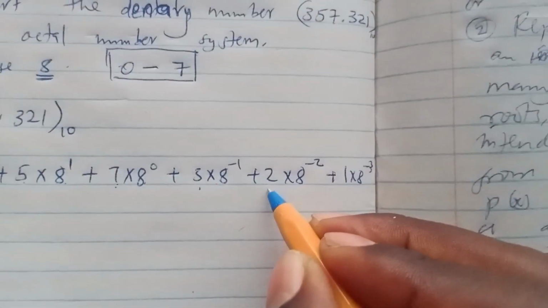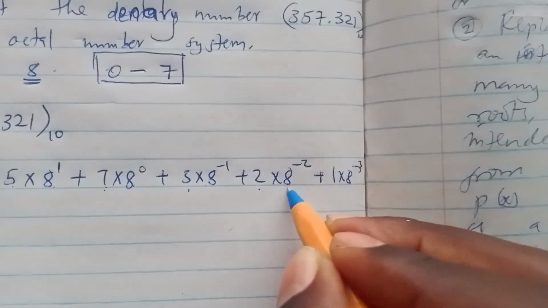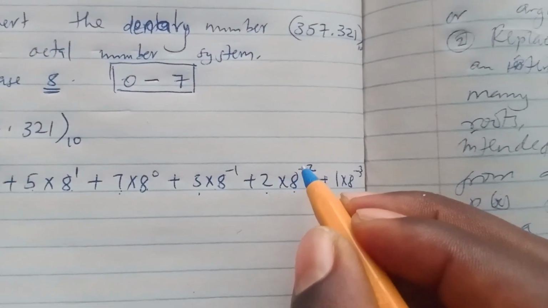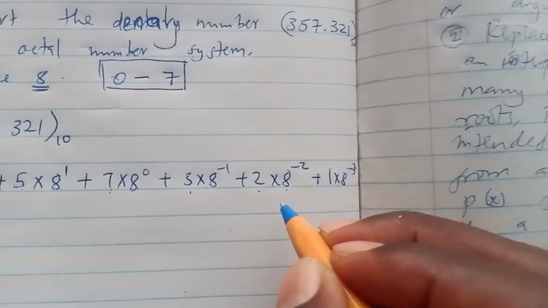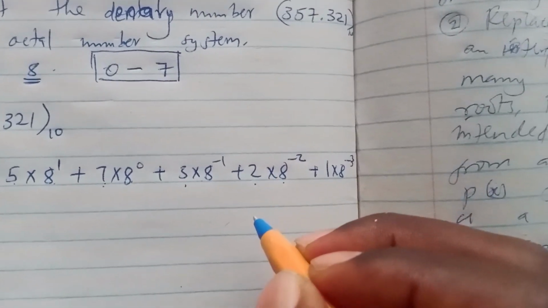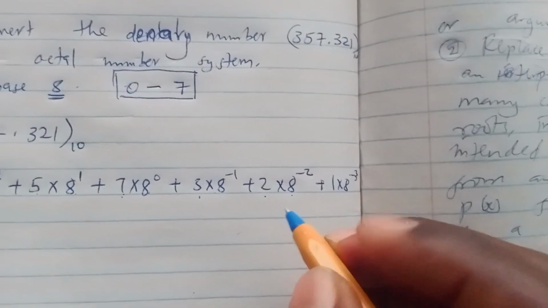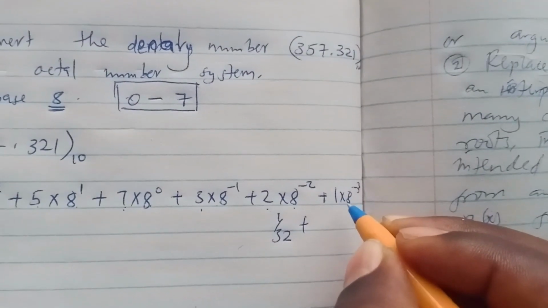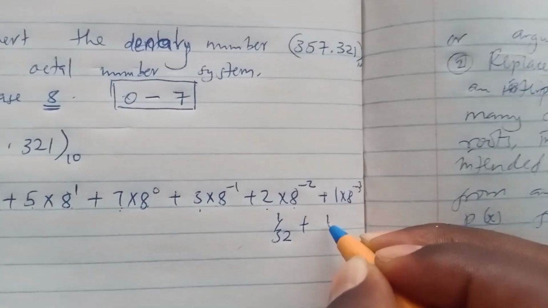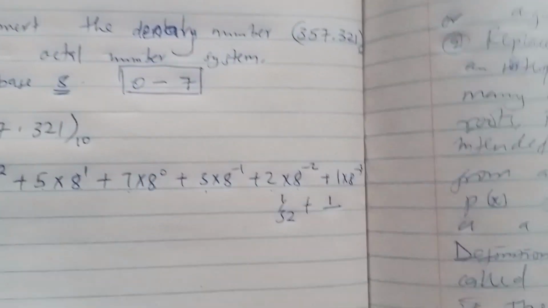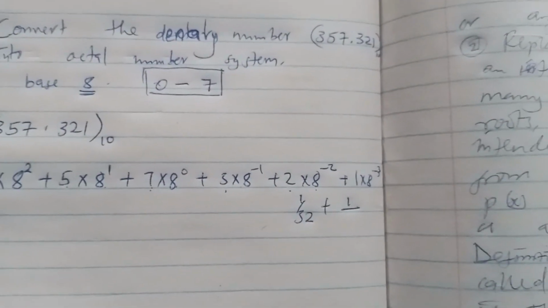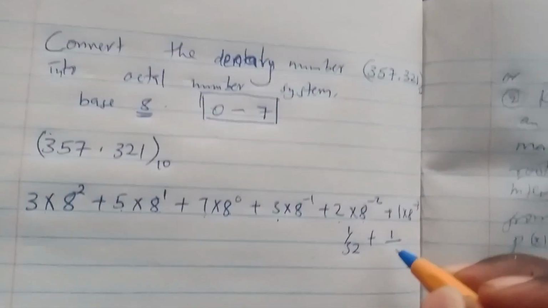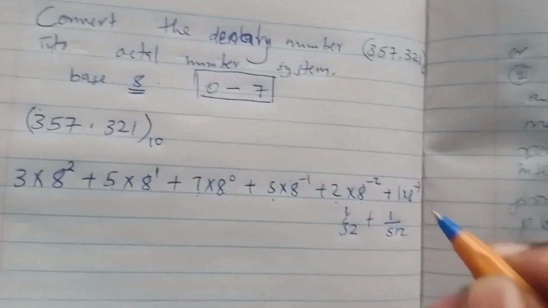You also add 2 times 8 power negative 2, so it is 2 times 1 over 8 squared, which is 2 over 64, which is just 1 over 32. Plus we have 1 over 8 cubed, which gives us 1 over 512.